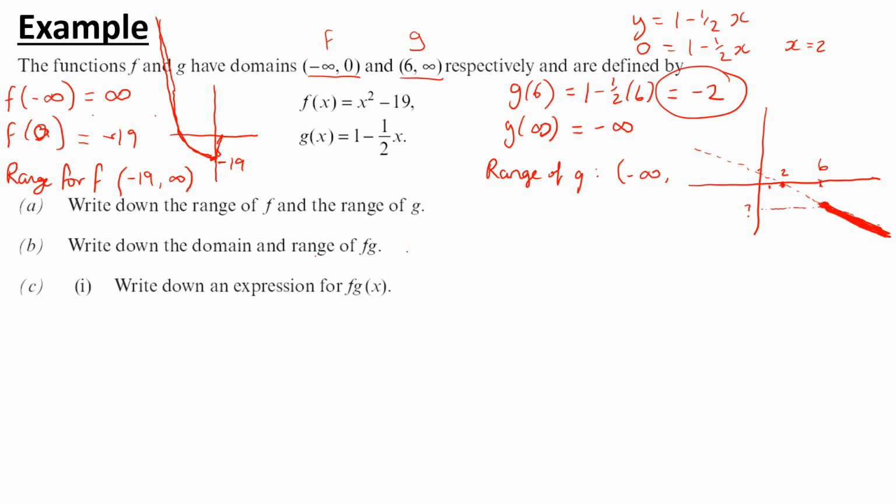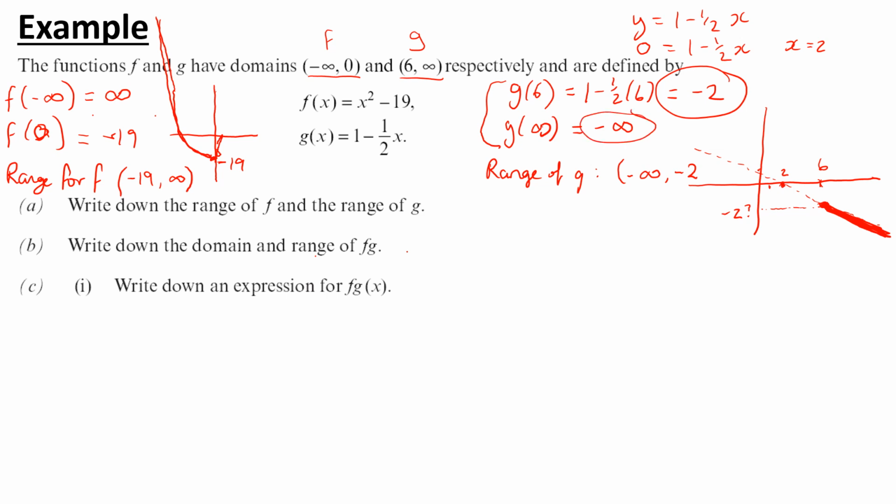I worked out that g of 6 was -2, so that's the y coordinate there, -2, so that's the highest point the graph reaches. So you can see that the work I did earlier did actually give me the two answers that I needed, from -infinity up to -2.